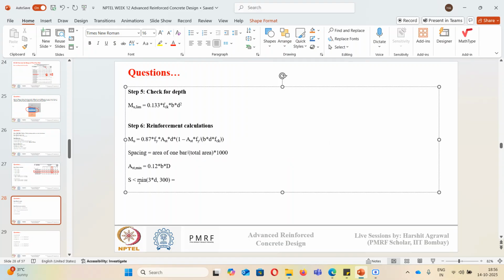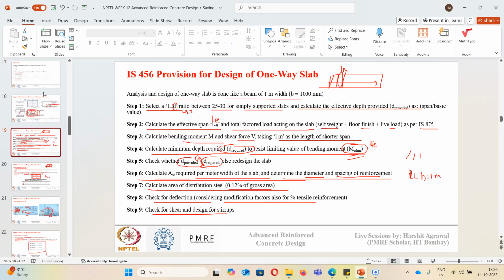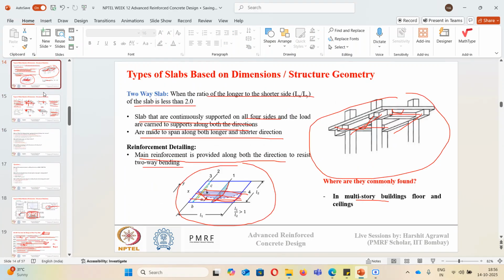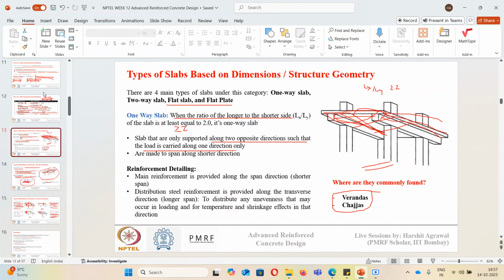Okay, so in our case, it is 3 times the diameter times 300, so it will be 288, so spacing should be less than 288 always. Okay, so this d parameter, let me check once. 3 times the effective depth.